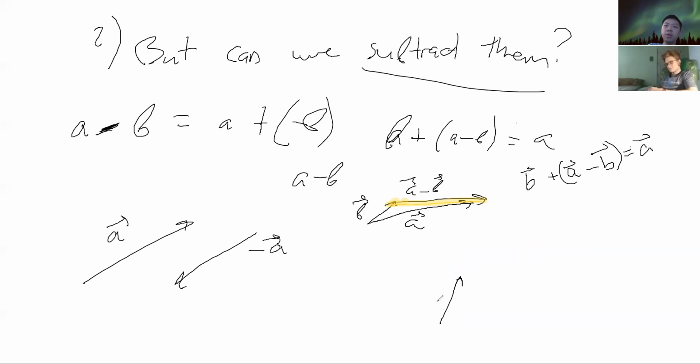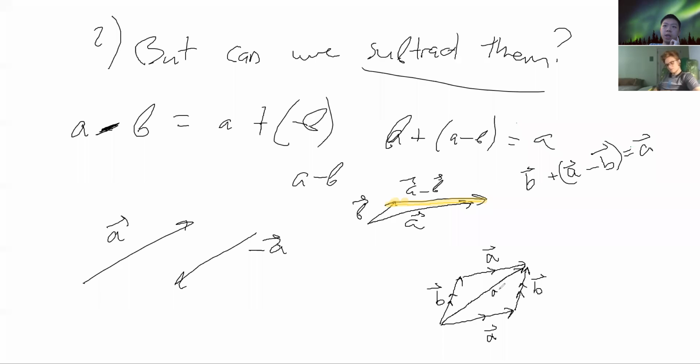If we have two vectors, B and A, and then we copy A to the head of B, and we copy B to the head of A like that, then this makes a parallelogram because these are the same vectors, so they have the same orientation, and so does B. So this diagonal over here is going to be the sum.